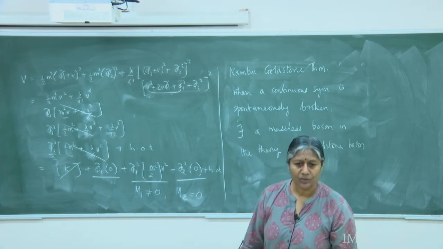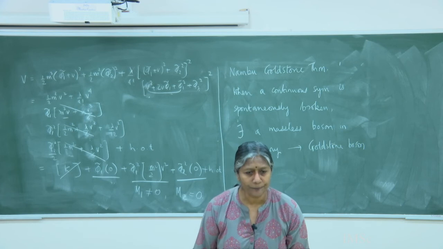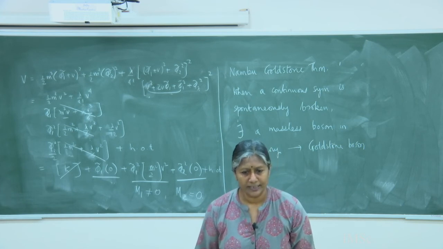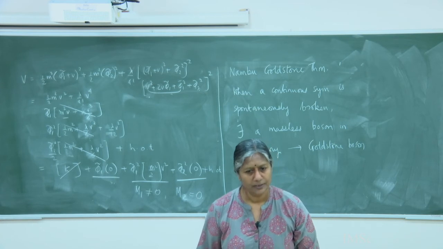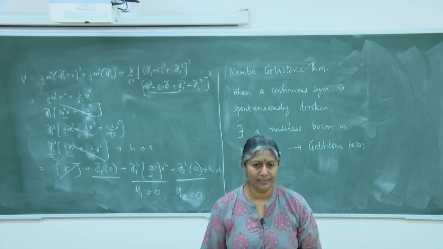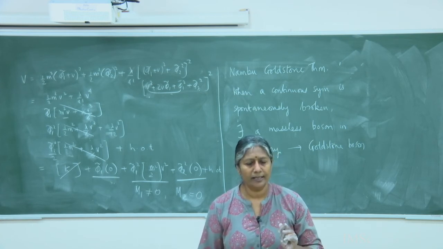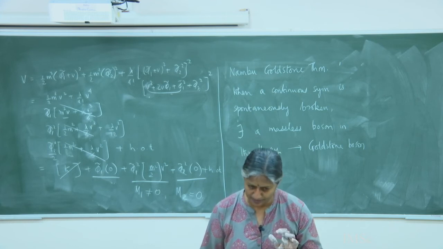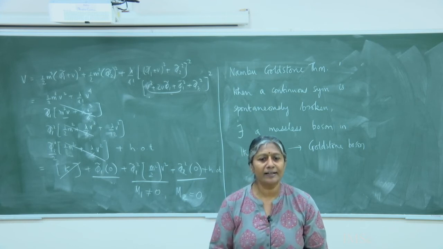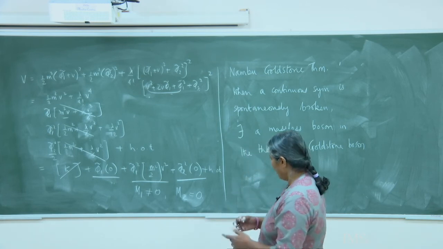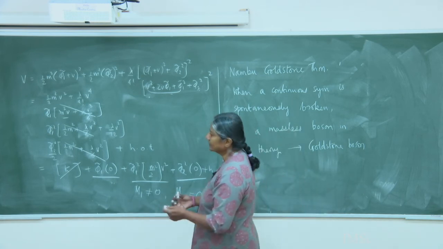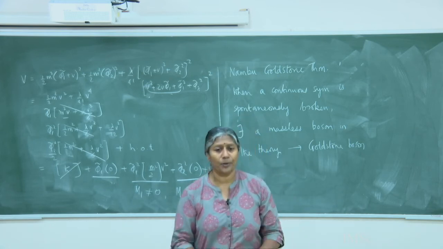Is it clear? So, let me recap what we have done till now. I took a Lagrangian which had a U1 global discrete symmetry due to a real scalar field, and when I take m squared less than 0 and ask what it means, I find that I can rewrite it in terms of physical dynamical fields which has a mass non-zero and positive definite.